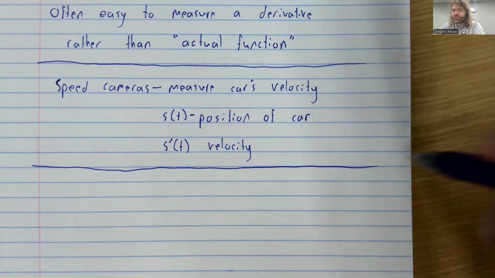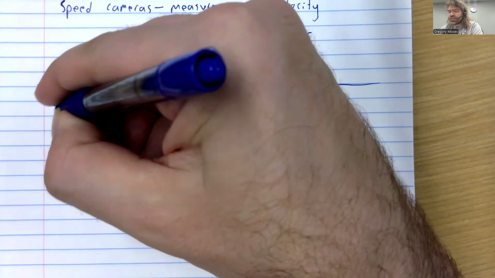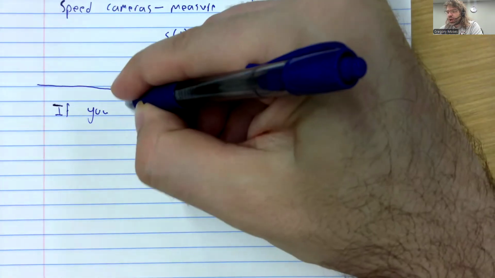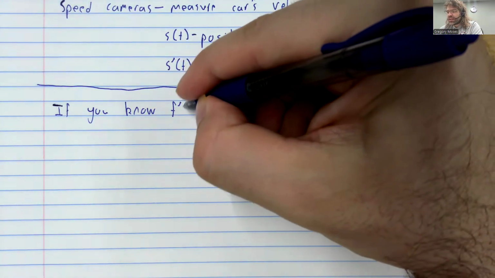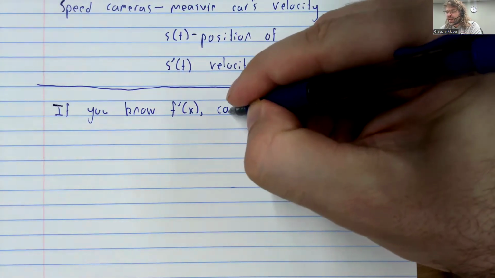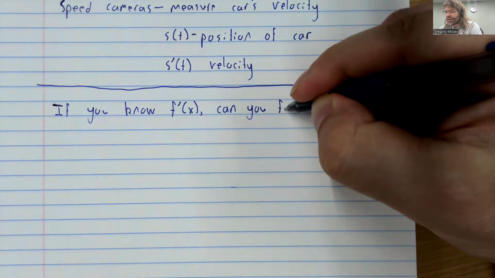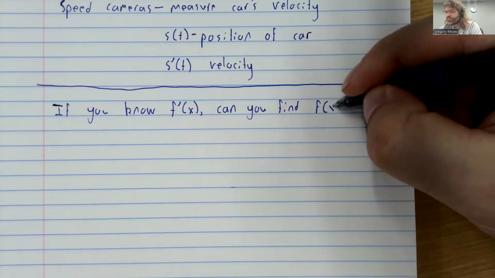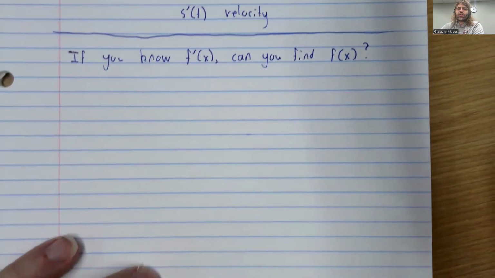And that sort of raises a very natural question. If you know what a derivative is, can you find the original function?